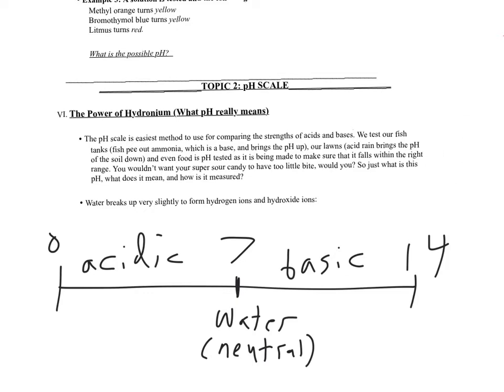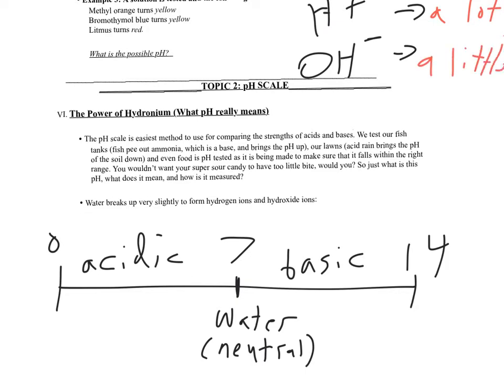So the way that it goes is if something has significantly more H pluses than OH minuses, so like H pluses and OH minuses, let's say that we have a lot of H pluses and only a few OH minuses. That means we have way more of these, which means that we are acidic.